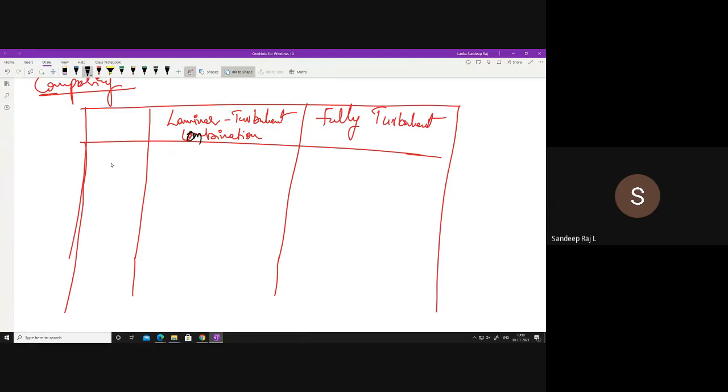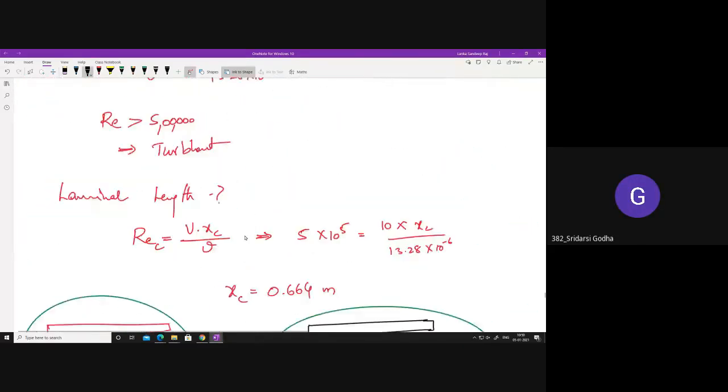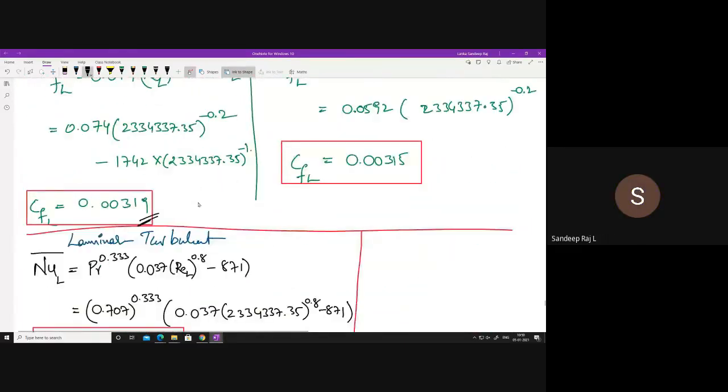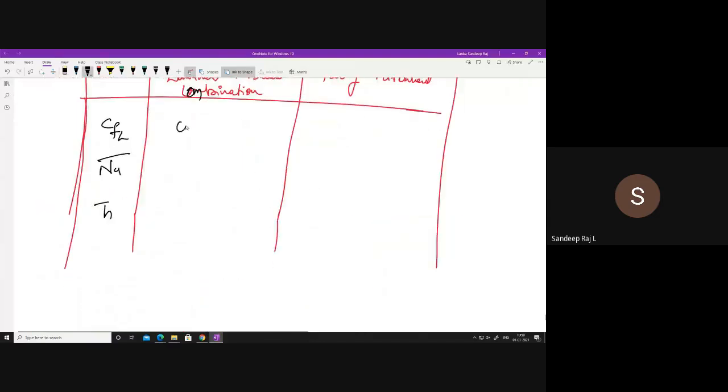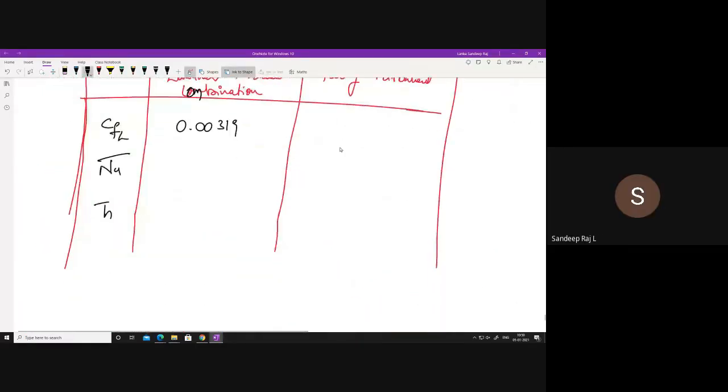So first thing what we have found out here is CFL. Next thing Nu bar. Next thing H bar. Tell me what is the CFL initially? 0.00319 on this side. The other side 0.00315.